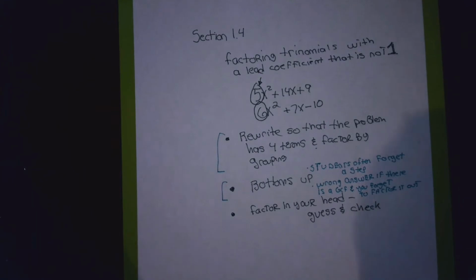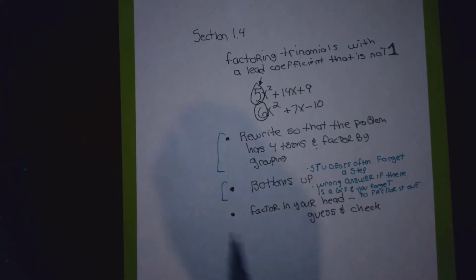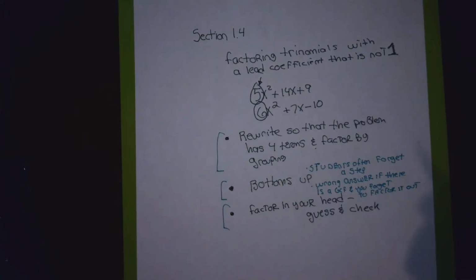So I used to teach bottoms up. I'm not going to do it on this video, but if you remember liking bottoms up, shoot me an email and I can probably do a quick video of 3 or 4 problems that might help you remember how to do it.